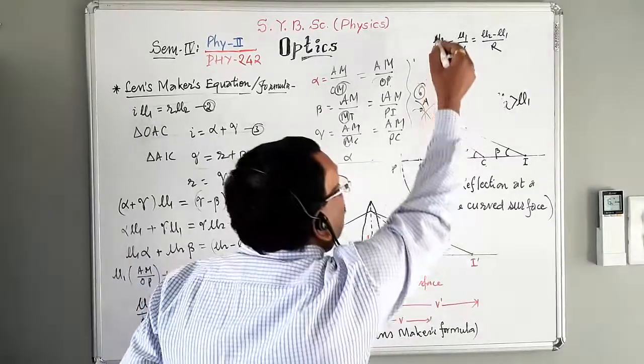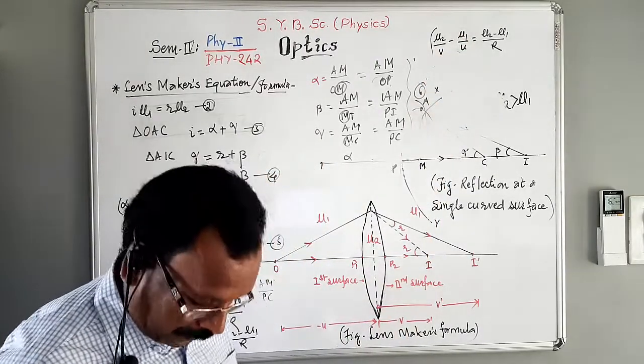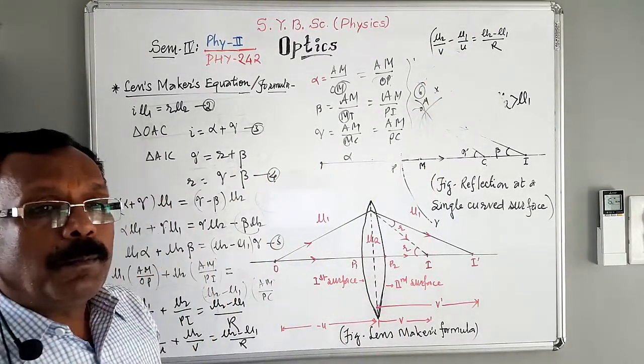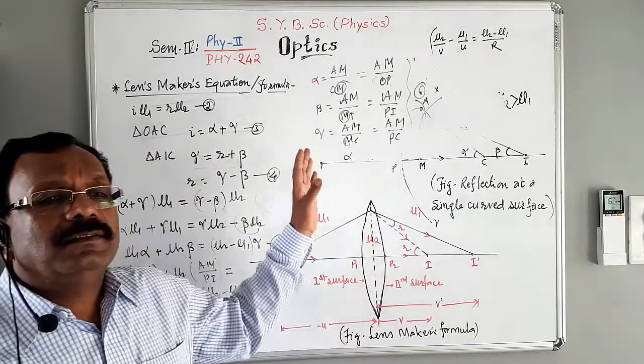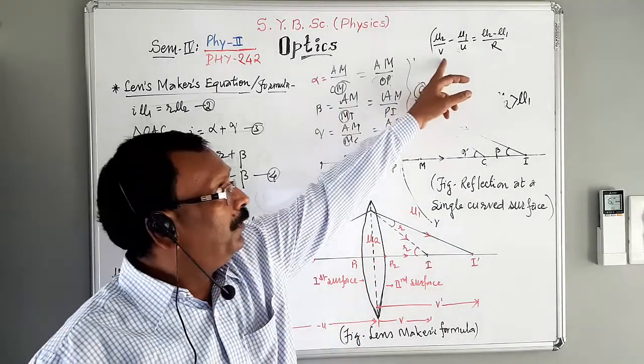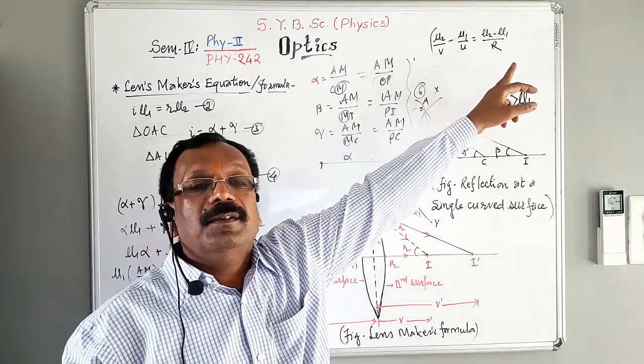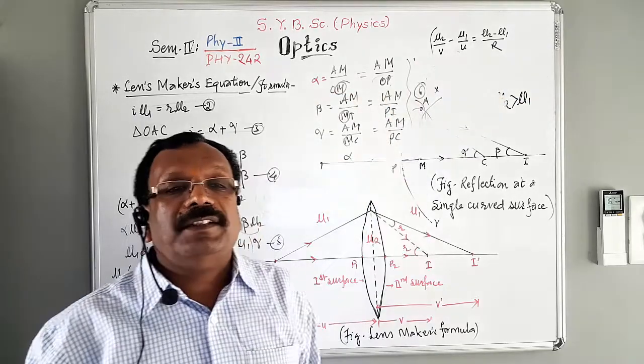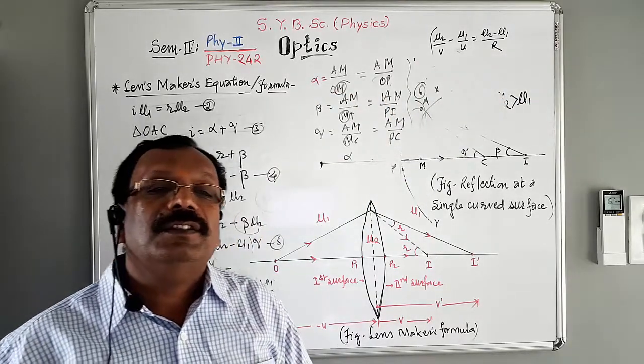So this equation is very important. This is the relation between u, v and r for refraction at a single curved surface.